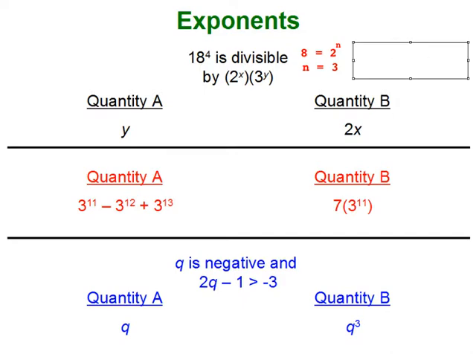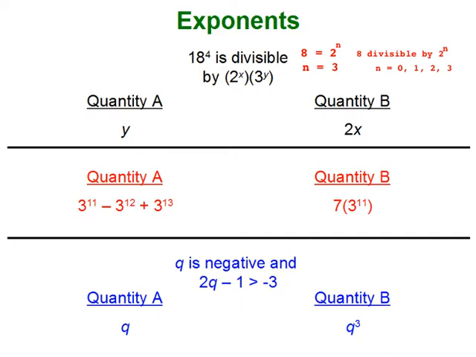However, if I were to tell you that 8 is divisible by 2^n, then n doesn't have to be 3, because 8 isn't just divisible by 8. 8 is also divisible by 1, which would be 2 to the 0 power. 8 is divisible by 2, which would be 2 to the 1 power. 8 is divisible by 4, which would be 2 squared.